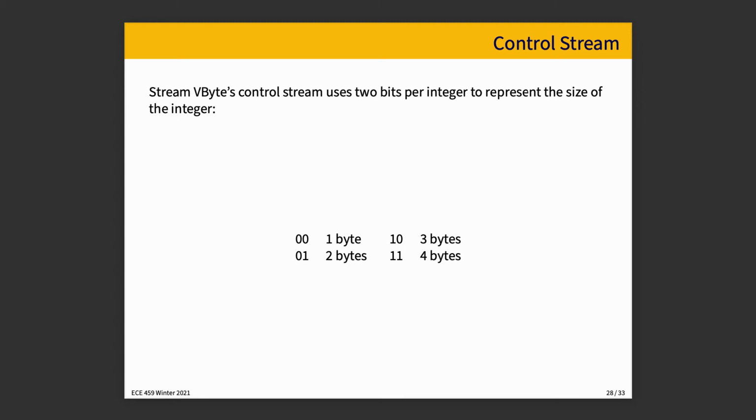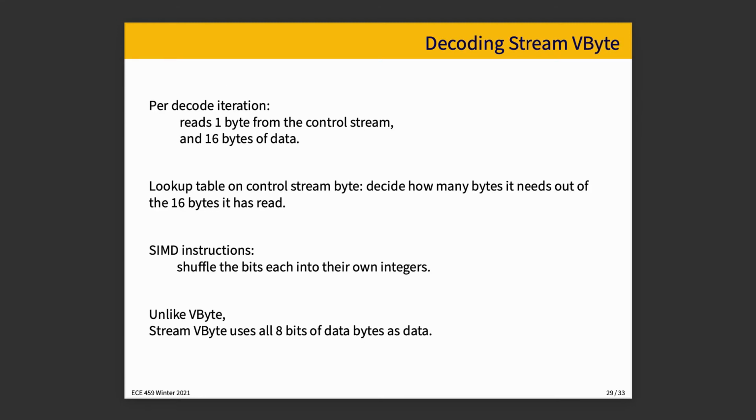And so each decode iteration reads 1 byte of the control stream and 16 bytes from memory. And it uses a lookup table over all the possible values of the control stream to decide how many bytes it needs out of the 16 bytes it has read. If the control byte said everything is 4 bytes, then of course reading the 16 bytes and processing the 16 bytes happens as one step.